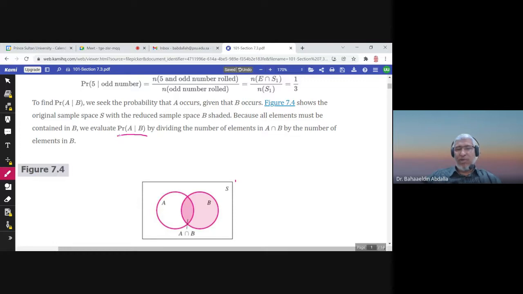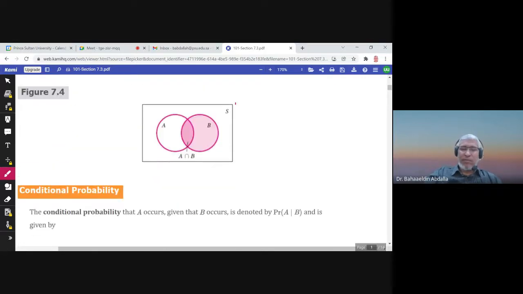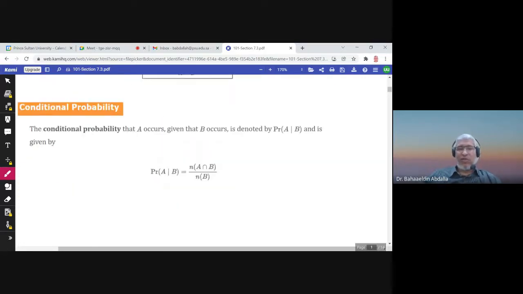And then we need to find the probability of A given B. So we look at this part, which is A intersection B, and we divide the number of elements in A intersection B over the number of elements in B. So this is the definition of the conditional probability.